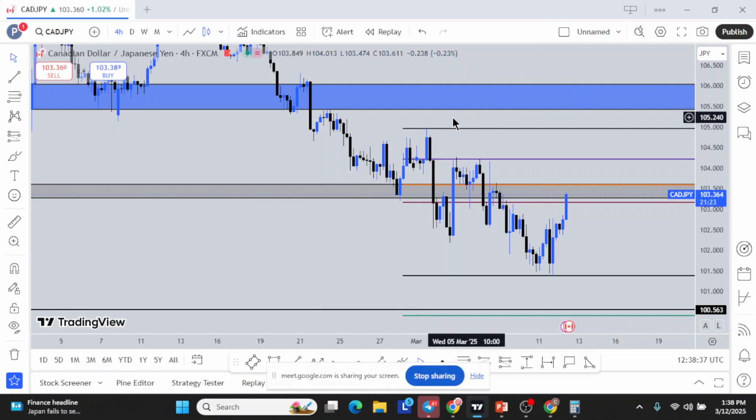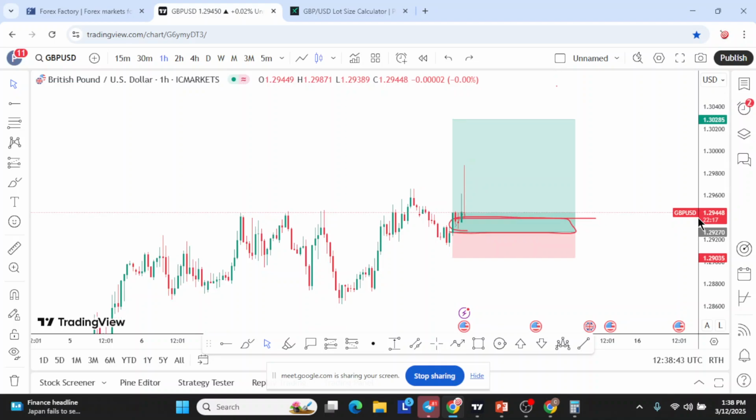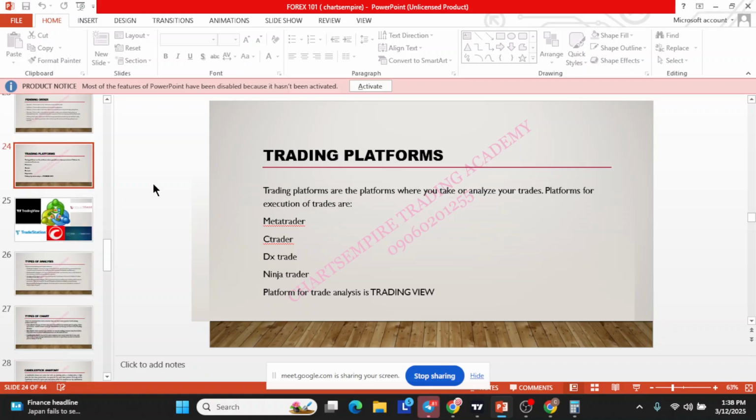So this is the TradingView that I'm showing you. TradingView is where we use our technical tools to know what the price is going to do next. All right, now do you have any question?